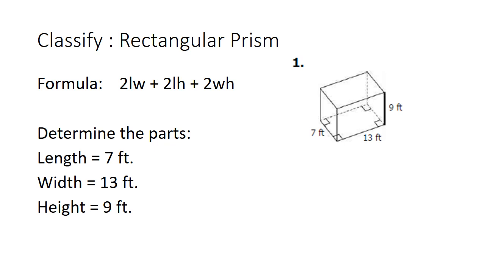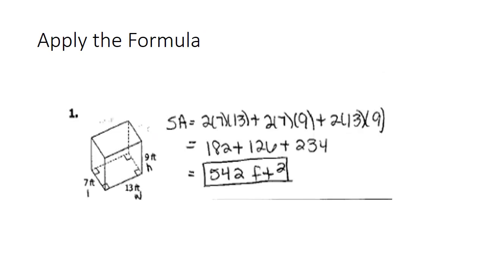The formula is 2 times length times width plus 2 times length times height plus 2 times width times height. For this particular shape, the length is 7 feet, the width is 13 feet, and the height is 9 feet. So we're going to use those figures and plug it into our formula to come up with our total.